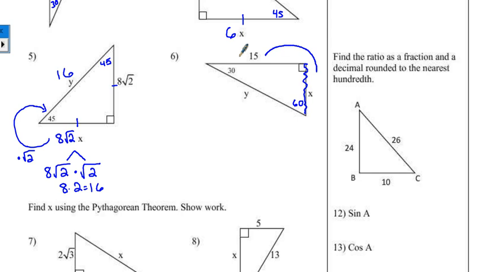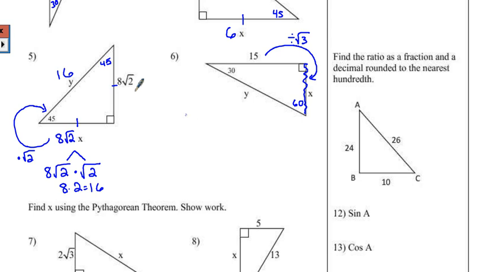We need to go from the long leg to the short leg. To do that, we're going over the right angle symbol and we're making it smaller. So we're going to divide by the square root of 3. If I cut down here and show you the math, excuse me.